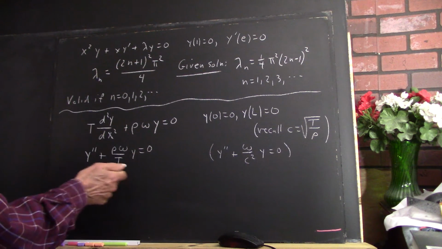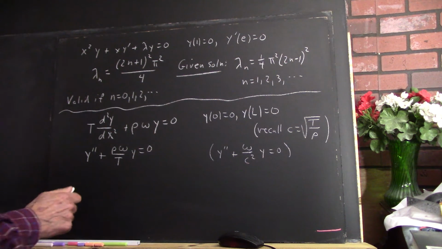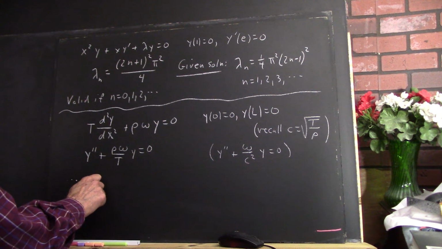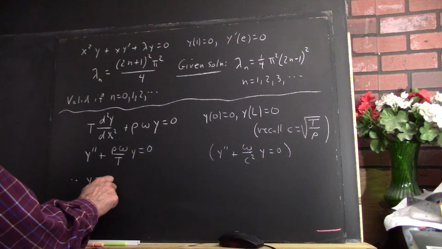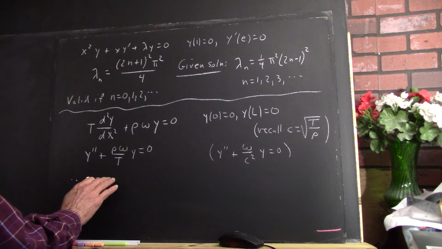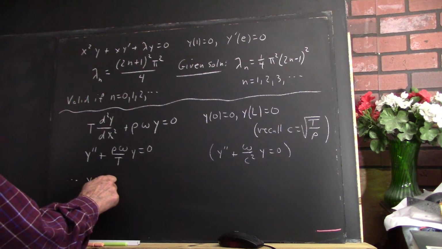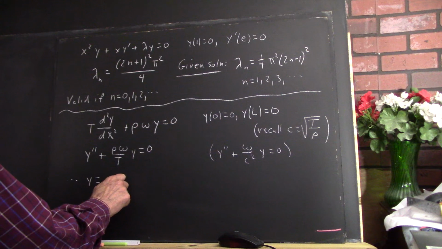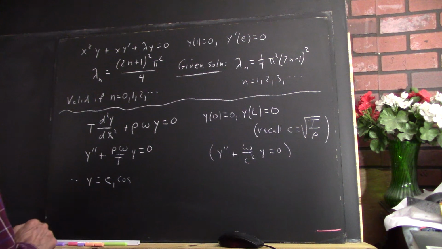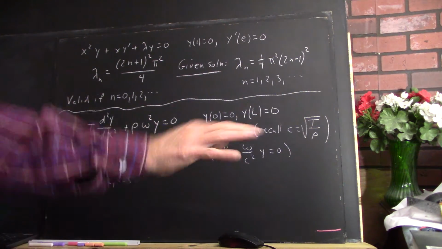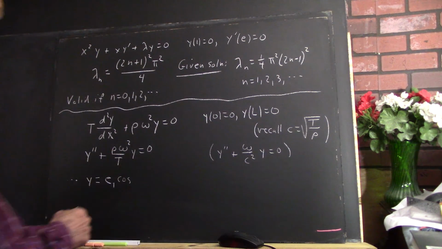Anyhow, very easy to solve this. We get C1 times the cosine of, that omega should be squared. It bothered me here because we want to get an omega here.